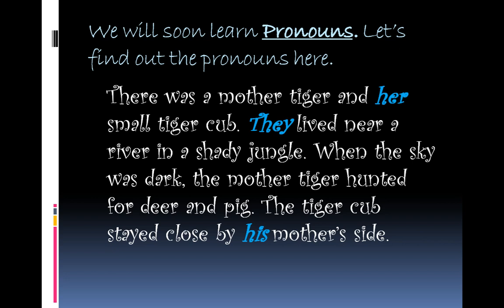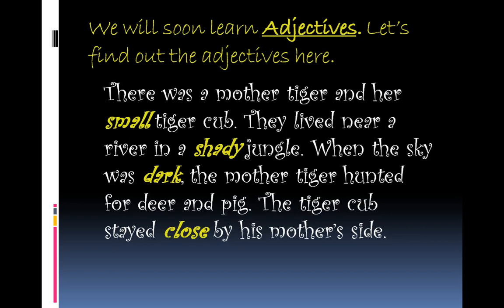When the sky was dark. Now if you remember, I told you at the beginning, when we were describing that poem, that adjectives may or may not sit before a noun. Now this is one such example where we can see, when the sky was dark. See, we are not writing the dark sky. We are writing when the sky was dark. It is also an adjective.